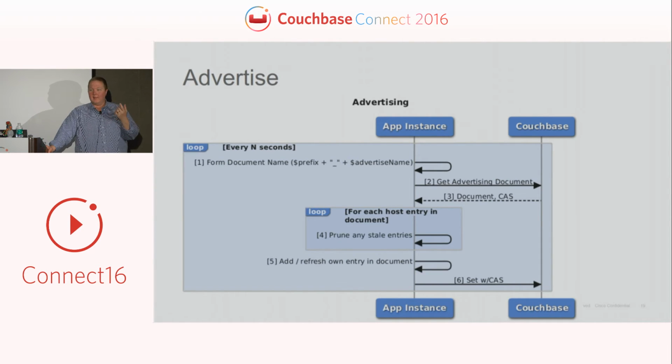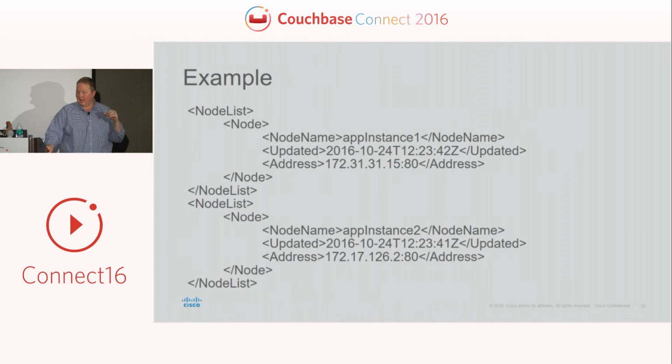You create the key. We have a document that's associated with the key that is a list of the nodes that are advertising themselves under that ID, and then their node IP address and the update timestamp for the node.